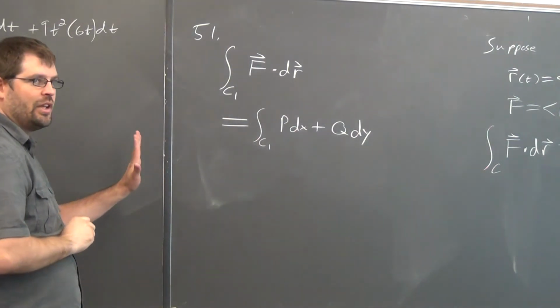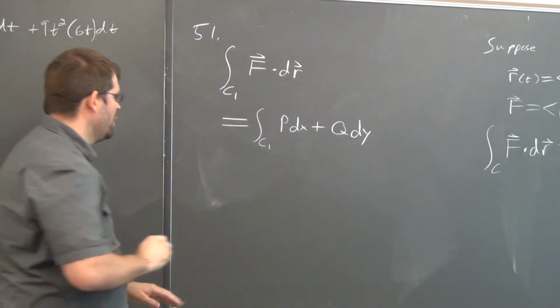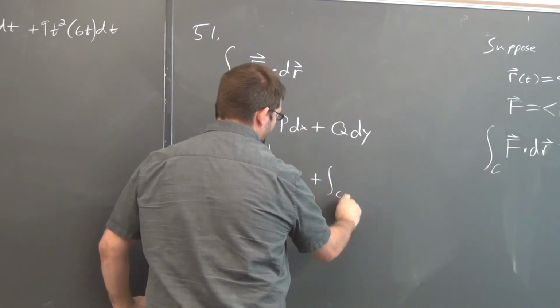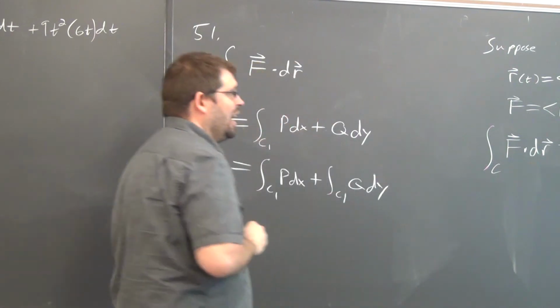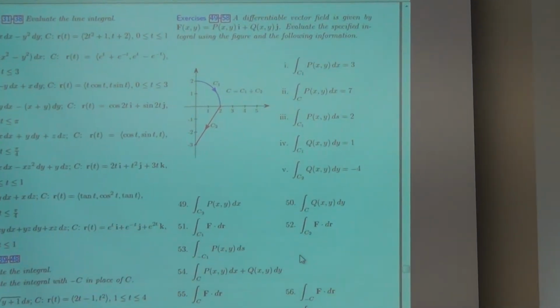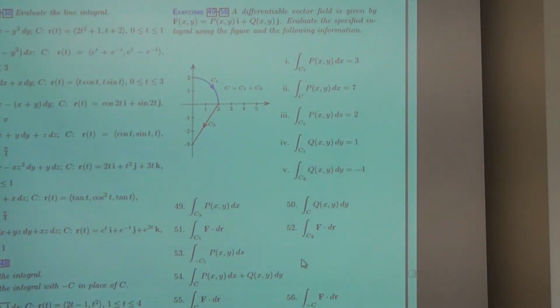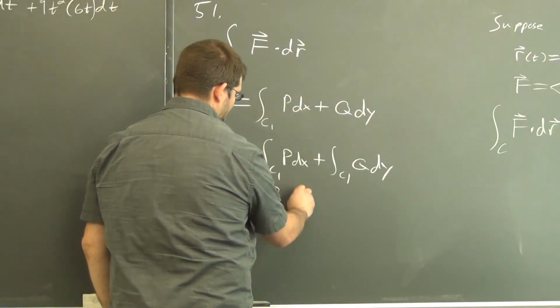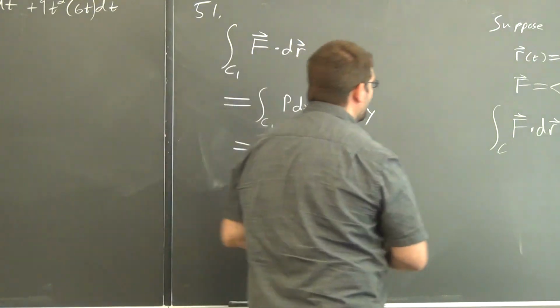And just like with any integral, you can think of that integral as sliding through. So this should be the same as the integral over C1 of P dx plus the integral over C1 of Q dy. And are both of those given to you? I think they are, right? The integral over C1 of P dx is 3, and the integral over C1 of Q dy is 1. Does that make sense? In practice, you don't need to write any of this out. You need to just see that stuff and read it. So this should be 3 plus 1, so 4.